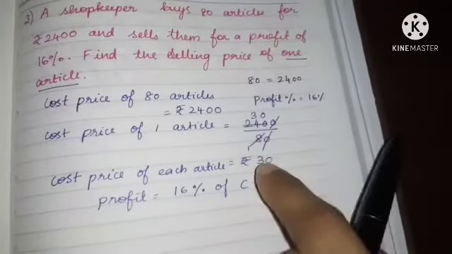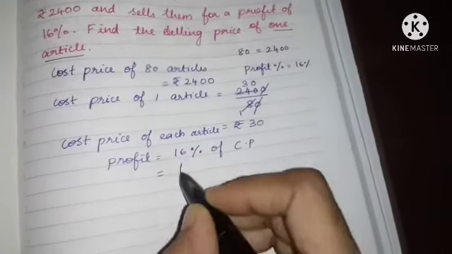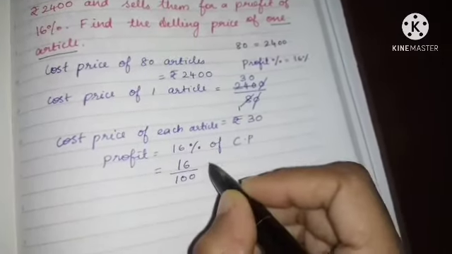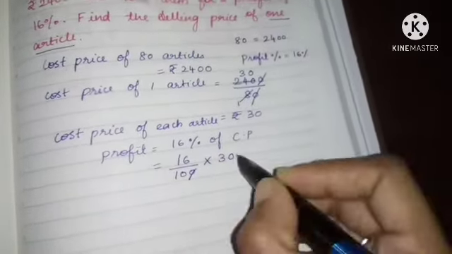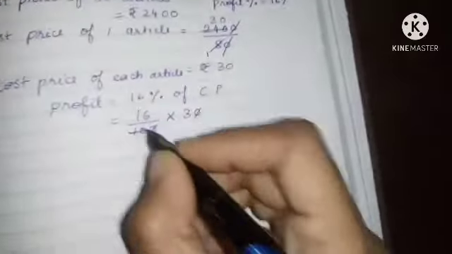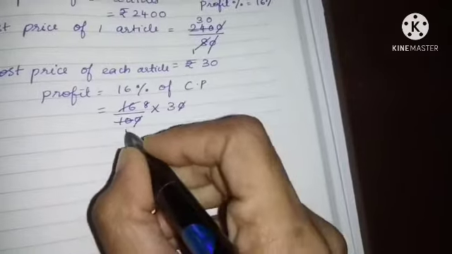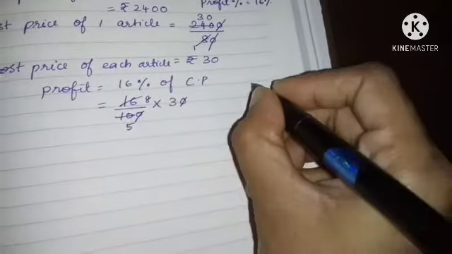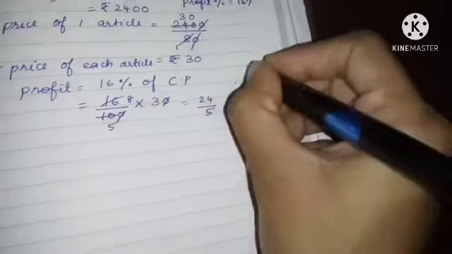So you take the cost price of one article. 16% of cost price is 16 by 100, of means multiplication, cost price 30. Zeros cancel. Now 8 threes are 24 by 5.